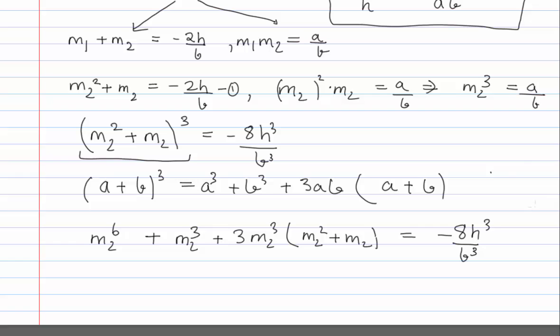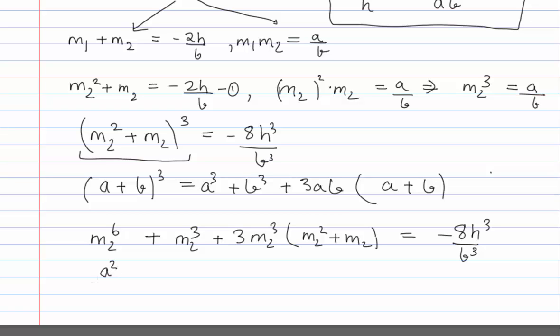And now let's make use of this. Since we have m2 cube, we also have m2 raised to the power 6, because m2 to the 6 is just equal to a square upon b square from this relation.